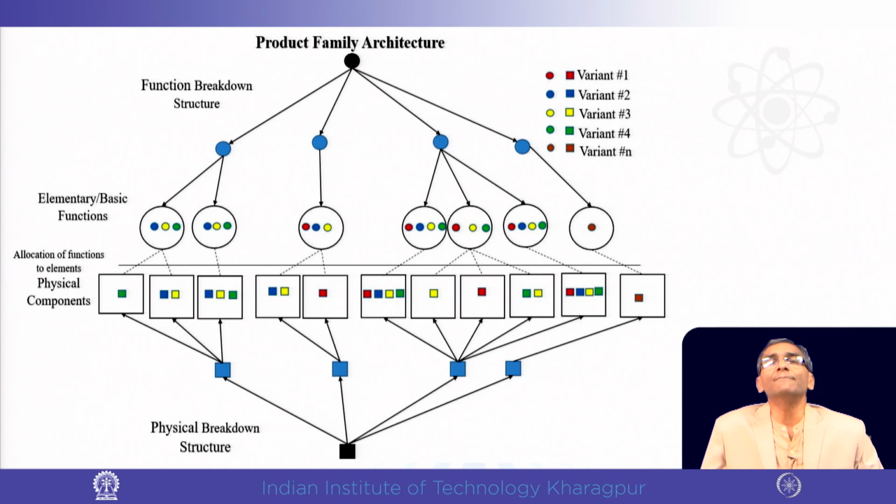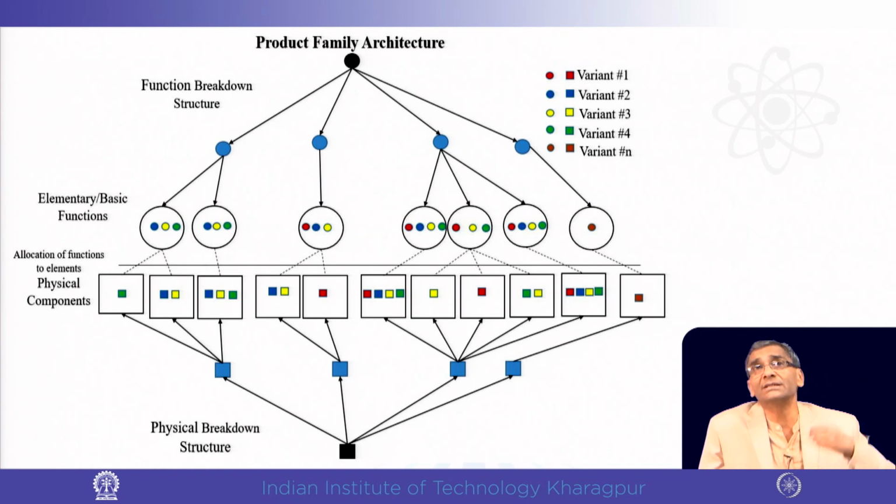So, the product architecture, if we break down the function through the function breakdown structure, you would see the elementary or basic functions, and from the bottom, if you see the physical breakdown structure, then we would see those elements in terms of further decomposition.